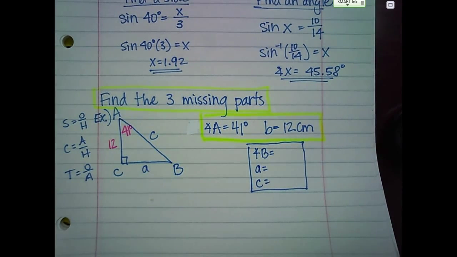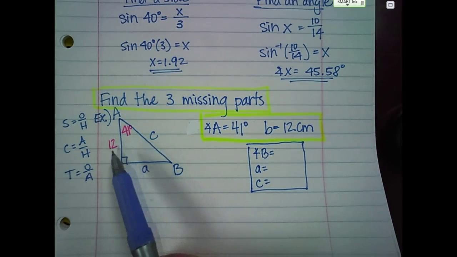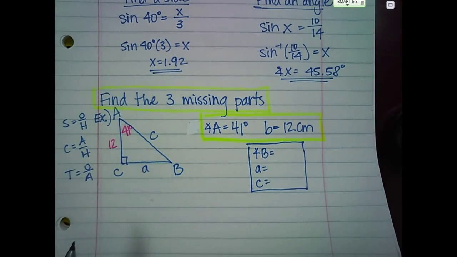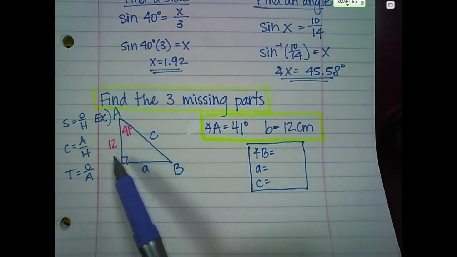Now in color, we have labeled what we need, right? So we have an angle, and we have its what? We have its opposite, its hypotenuse, or its adjacent. Which one do we have? Look at it closely. If you don't know this answer in your head, it's going to make the problem hard. We have an angle, and we have its adjacent.